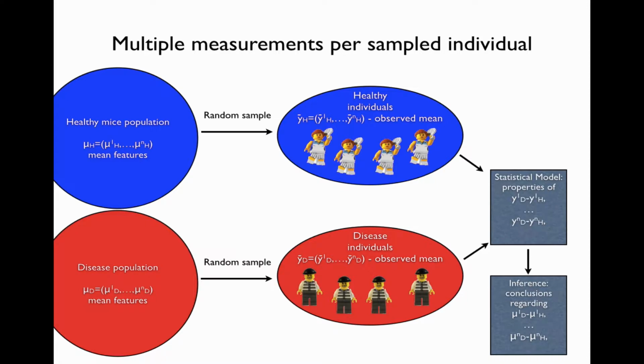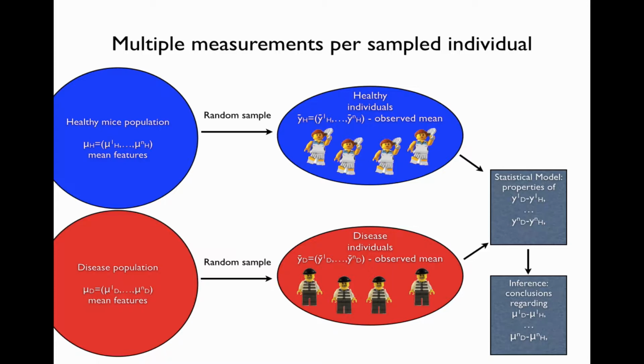So that's how things look when we study one single variable at a time. Sometimes we're interested in measuring many different traits at the same time. That is, we're interested in multiple different population parameters. Under such conditions, we can make the same type of reasoning.